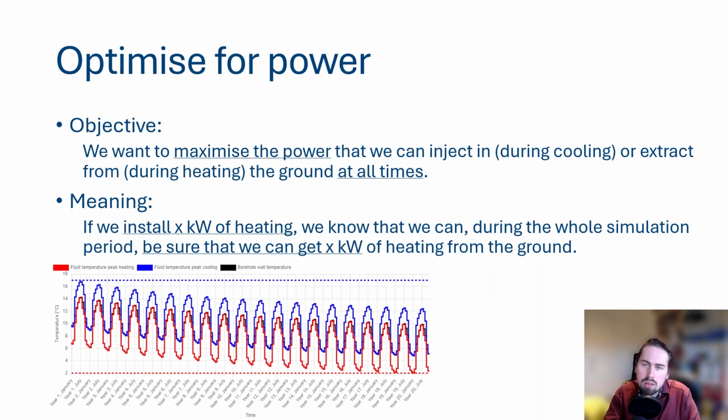So since we want to end up with the maximum amount of power that we can use each year of the simulation period, we cannot install any more power in this system. So how do you end up with a bore field that is designed like this?